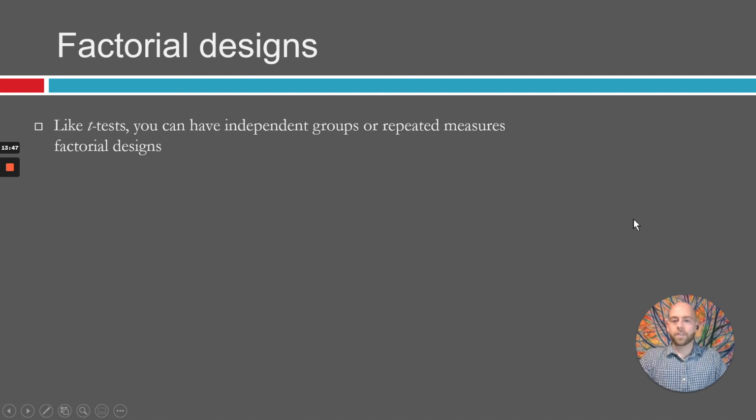Another important thing about factorial designs is just to think about how we've already talked about some examples that are independent groups and repeated measures, right? Let's say you had every participant do the memory experiment where they were in every condition, a fully within subjects design, where they did method of loci with concrete words, method of loci with abstract words, control with concrete words, and control with abstract words.